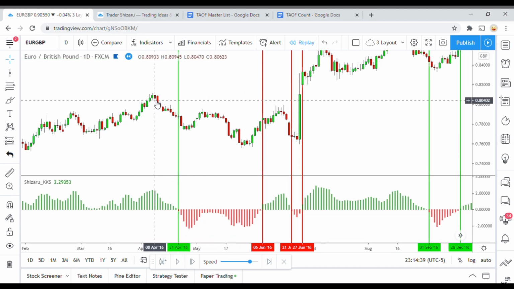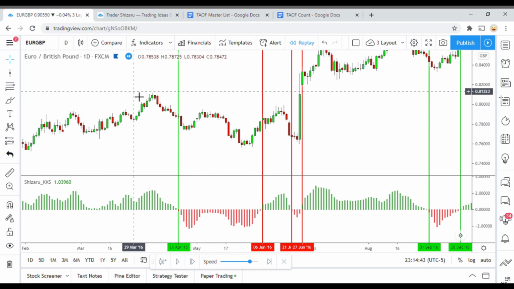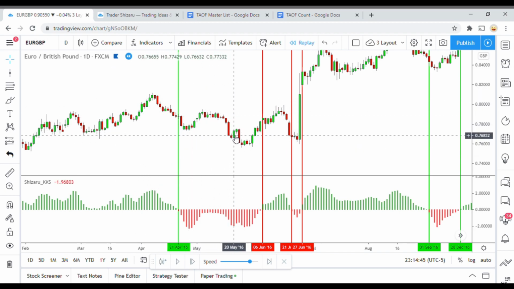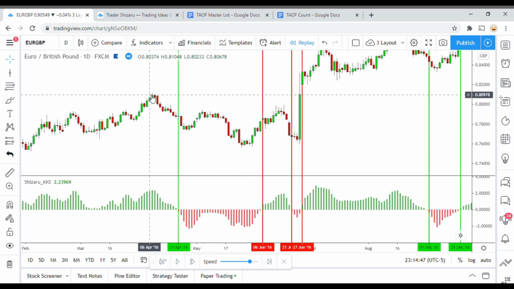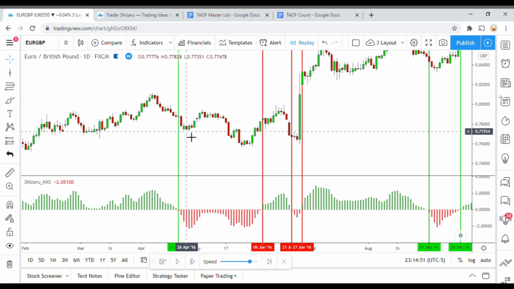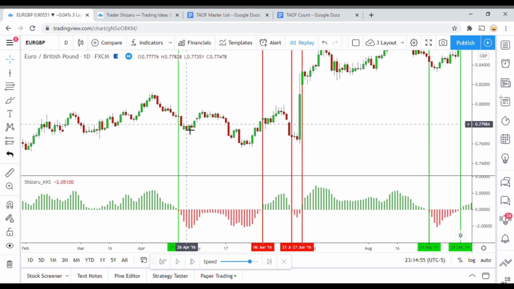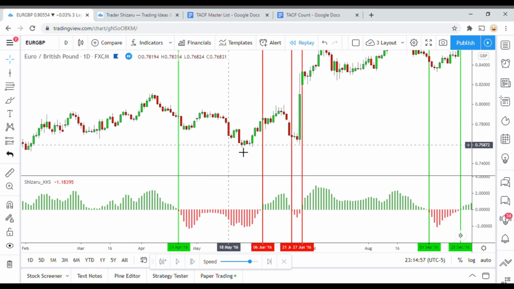If you consider this entire move right here to be one whole move, I would realistically consider this to be one move, then this, then this move. But let's say you did consider that.